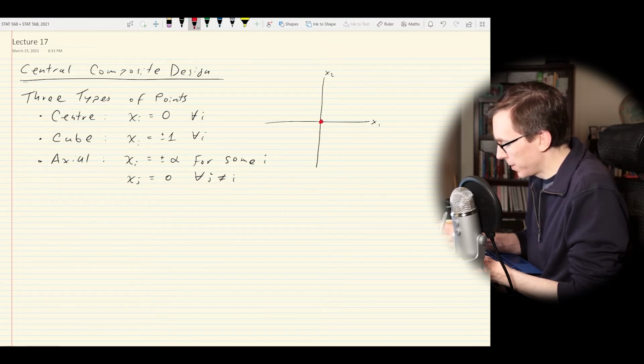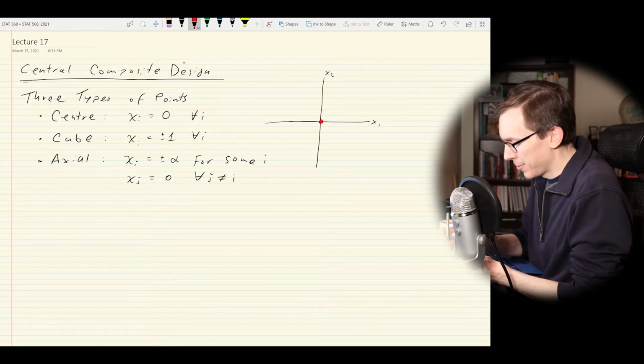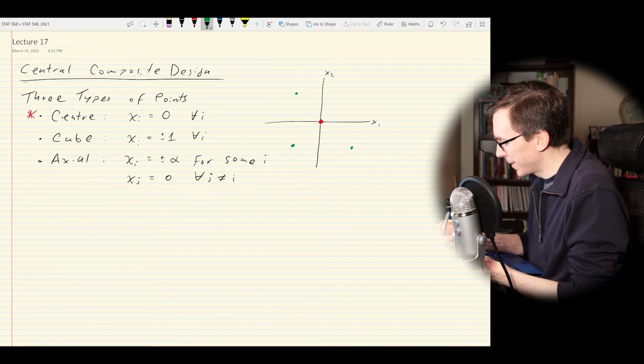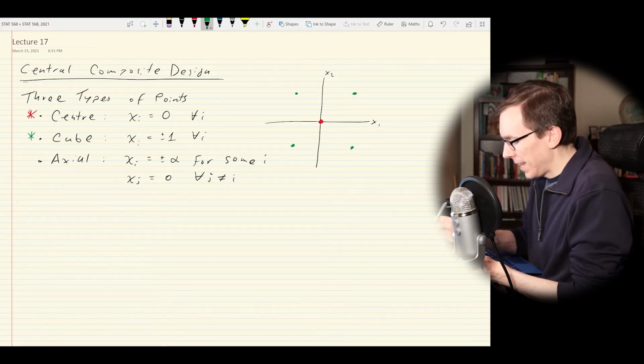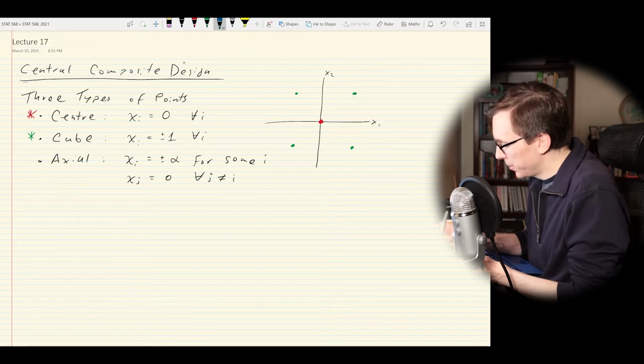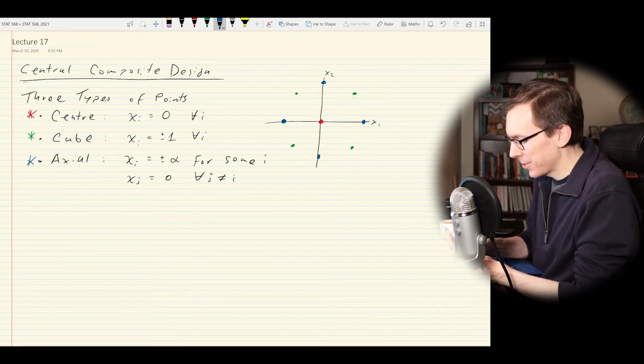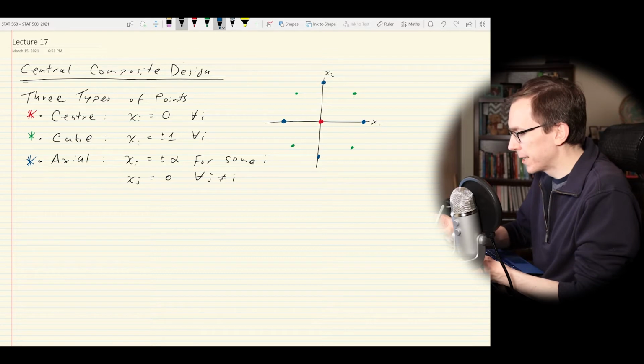We're going to have our center points in red here. We're going to have our cube points, in this case square points, but they're just referred to as the cube points, in green. And we're going to have our blue axial points for some value of alpha, usually between 1 and root k, and we'll talk about that a little bit later, but usually greater than or equal to 1.